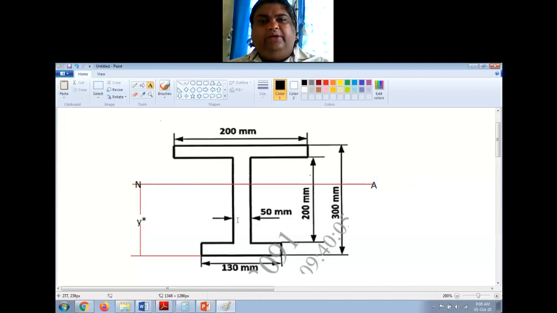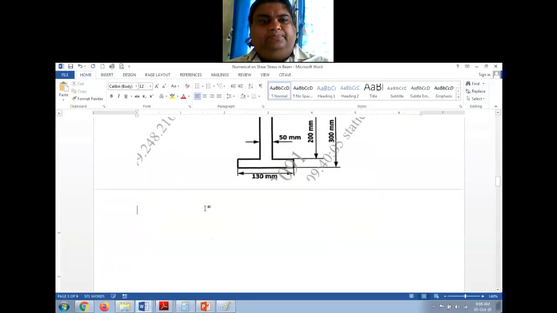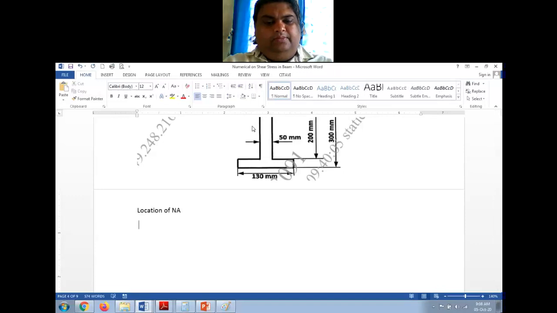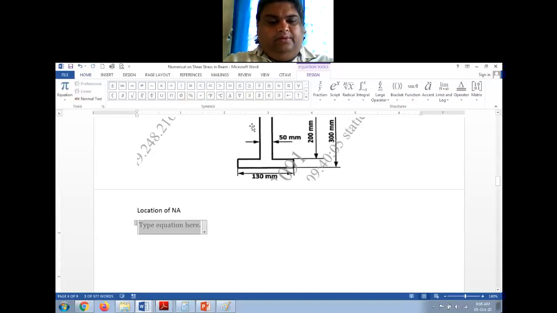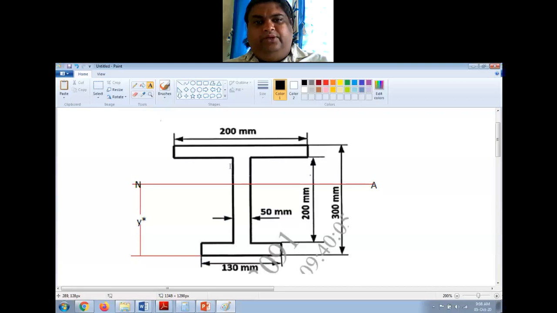I need to first find this location. Now, how to find this location? We already have discussed this. Location of NA: y star is equal to, I have three rectangles.